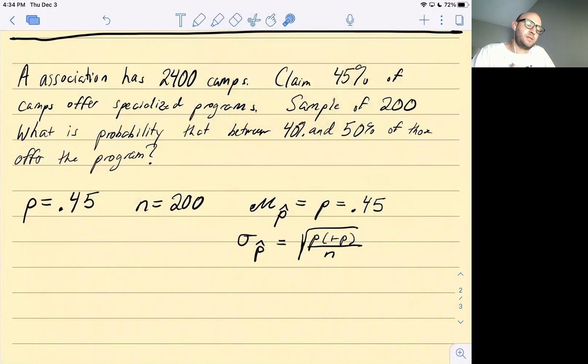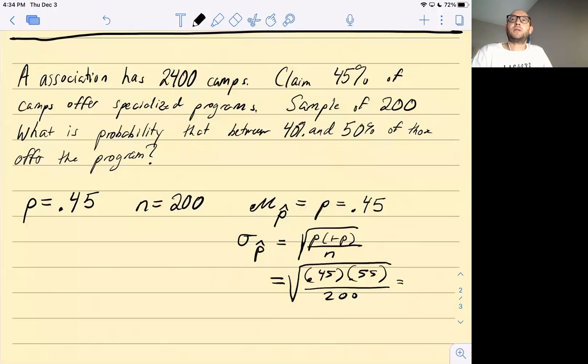You would say, okay, this is less than 10% of the overall population. Okay, let's calculate this. So this would be 0.45 times 0.55 all over 200 and square rooted.